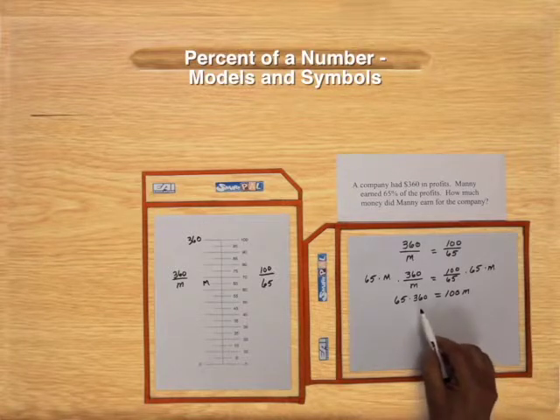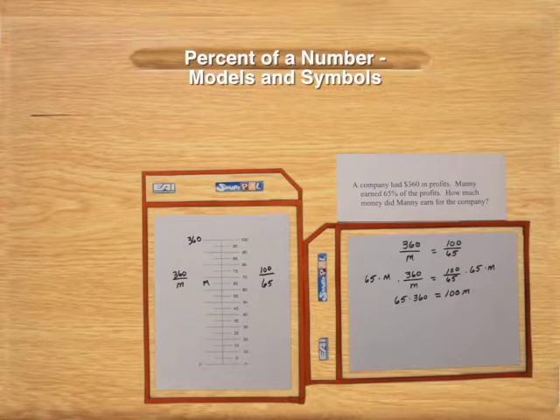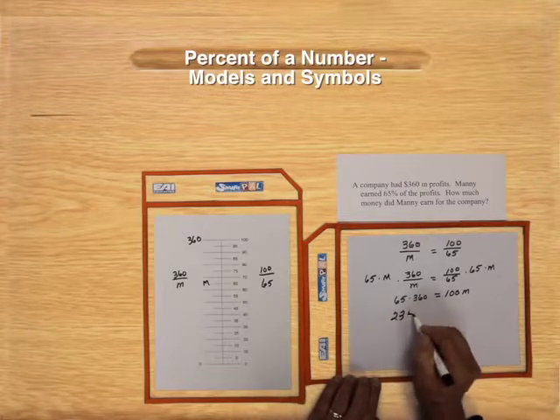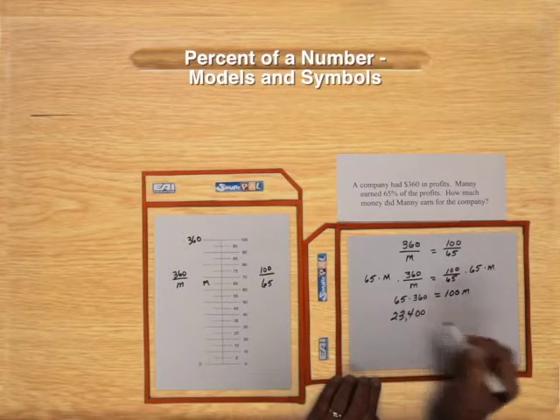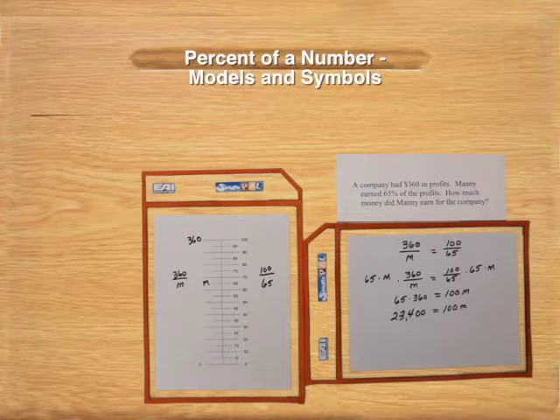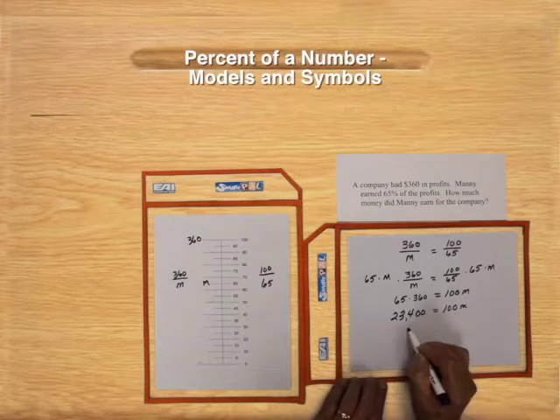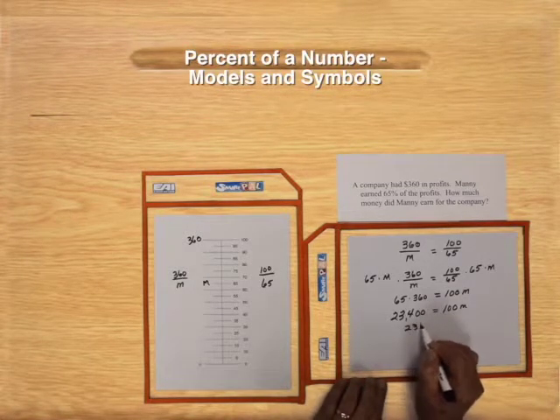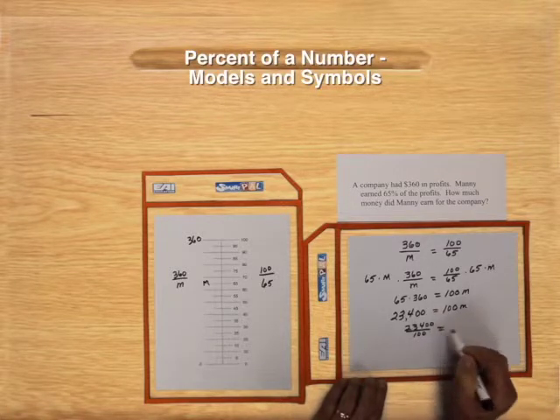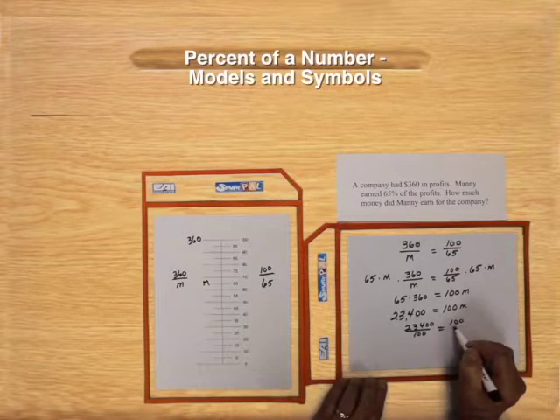When we calculate 360 times 65, we get an answer of 23,400. On the right-hand side, we still have 100M. So what we do now is divide both sides by 100. We divide the left-hand side by 100, and we divide the right-hand side by 100.